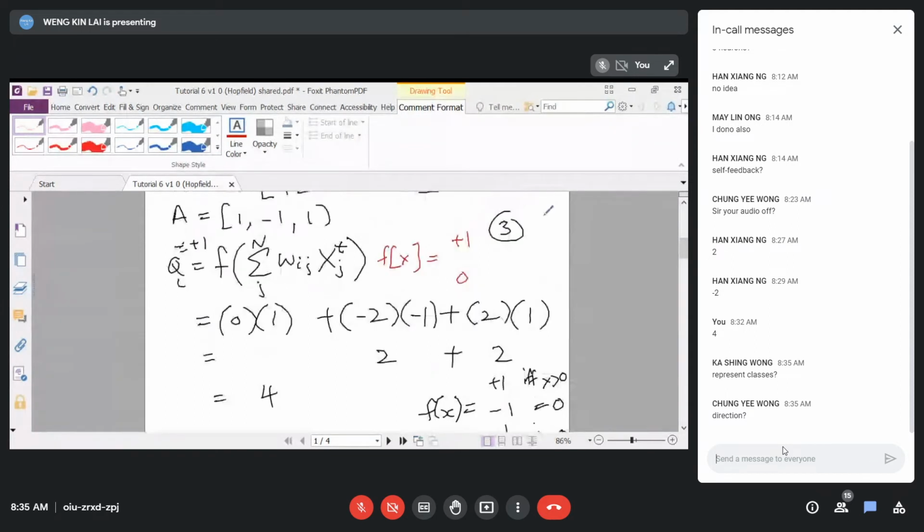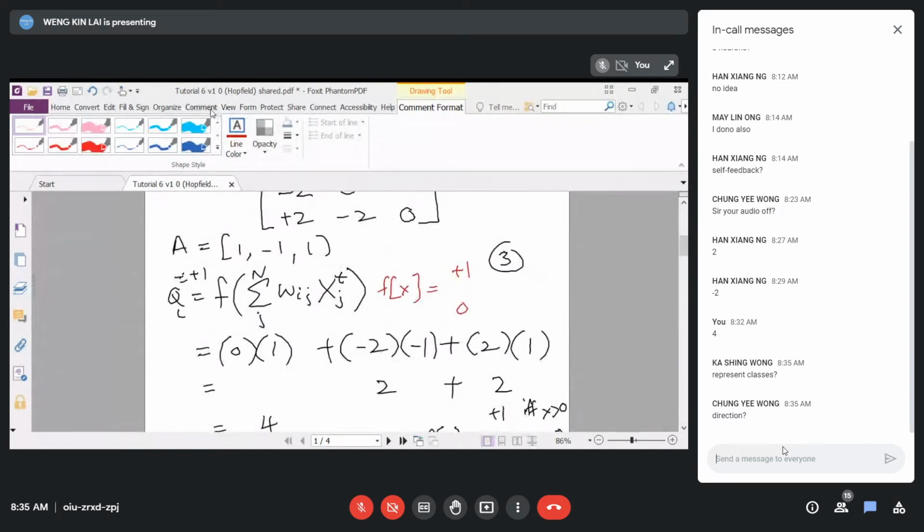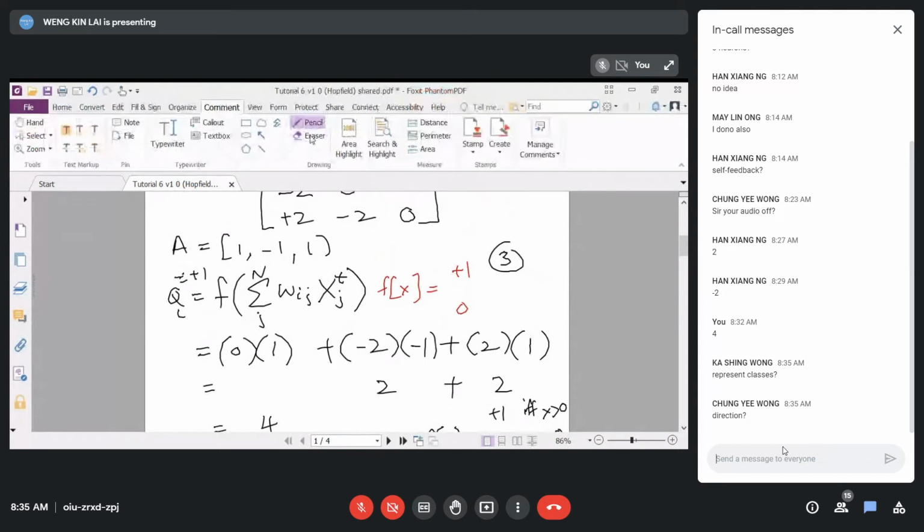Right, so let's say we erase this. This is our step 3. We're trying to calculate step 3. Let's say this is true: x is more than 0 gives 1, and x less than or equal to 0 is a 0.